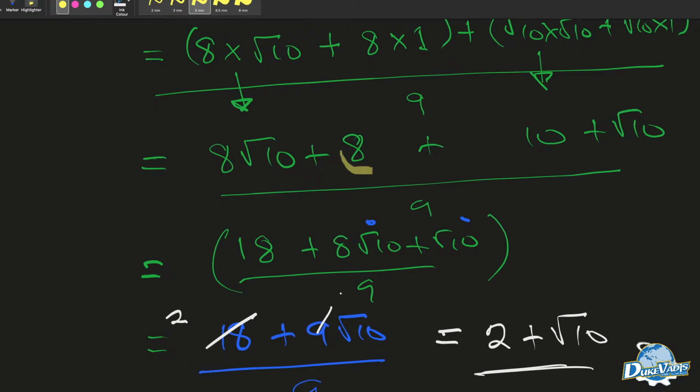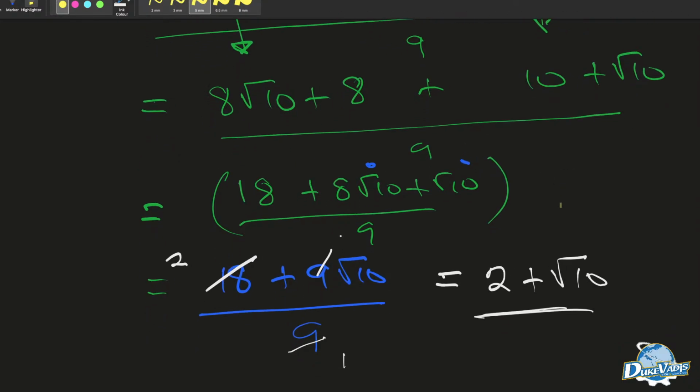Our 8 here, we added it to the 10 over here. Then we have 18 here. Then after that, we brought 8 root 10 here and plus root 10, all divided by 9.